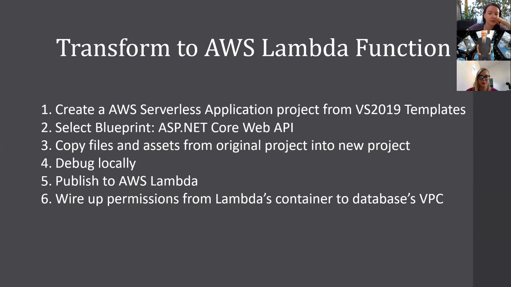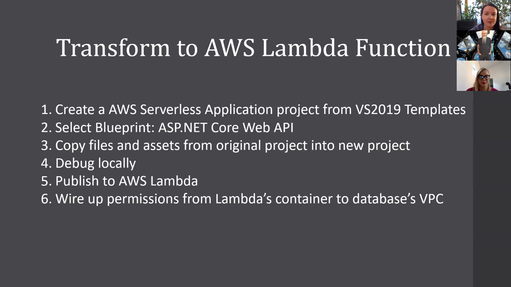So I could start from scratch with the AWS template and build up my ASP.NET Core API. But what I happened to do was take an existing one and transform it to a function. Now, I didn't take my project code base and start modifying it. What I did was create a new project using one of the templates provided through the AWS toolkit.